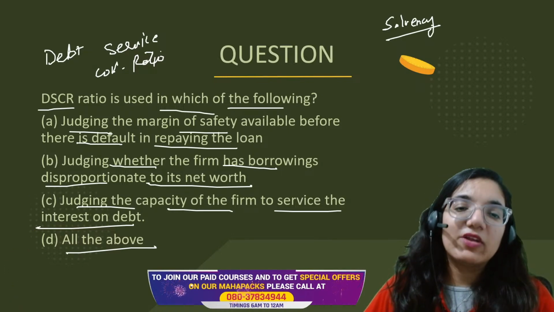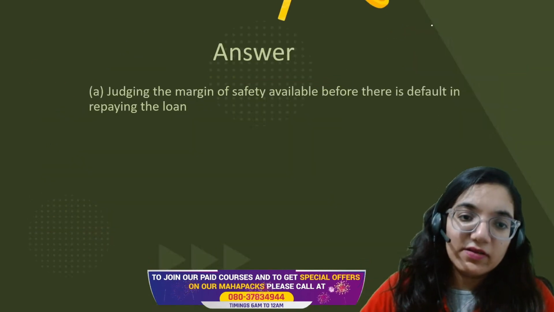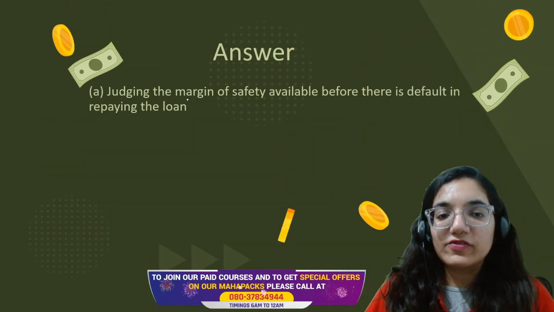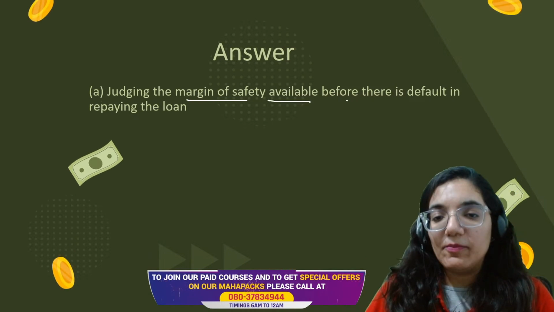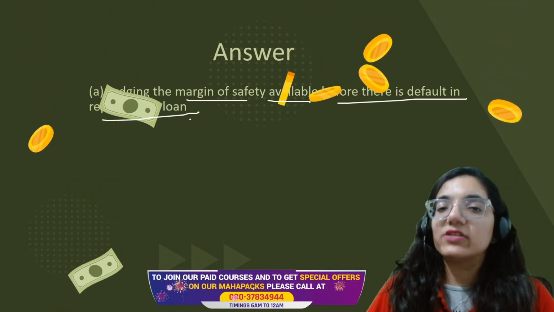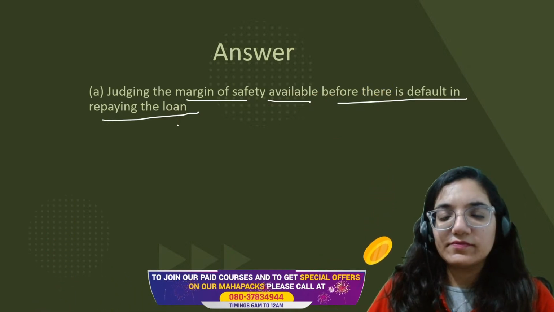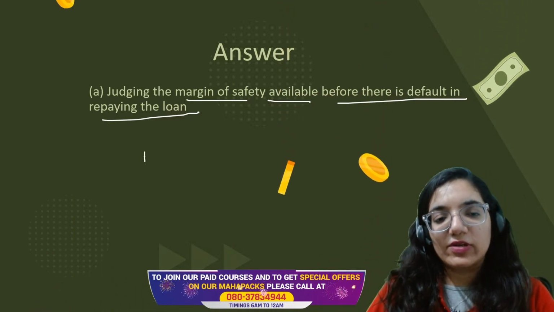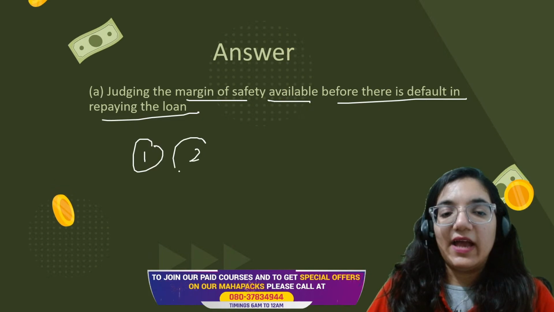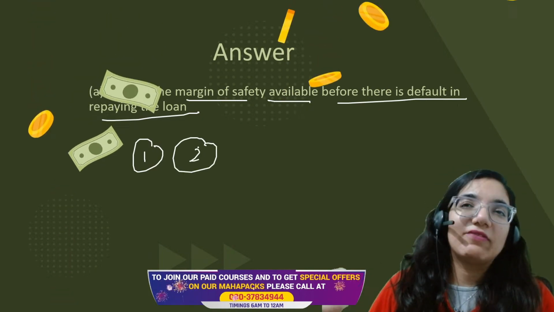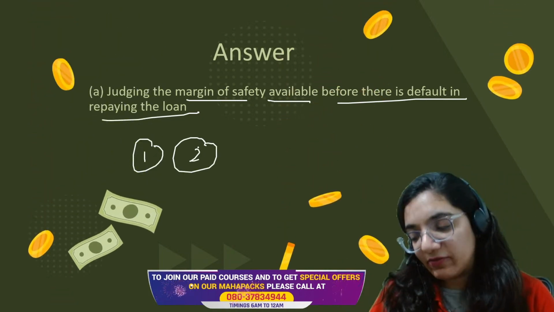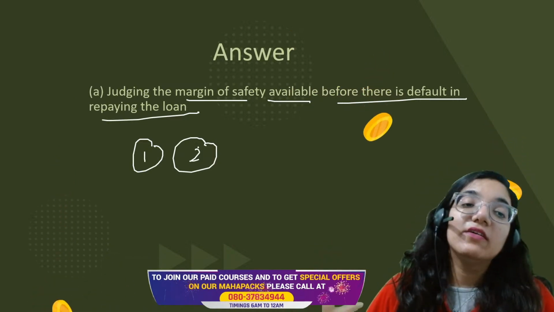We are looking at the margin of safety available before there is default in repaying the loan. We would like to know what is the amount that they have and what is the fixed amount they will have to pay every year if they take a loan.